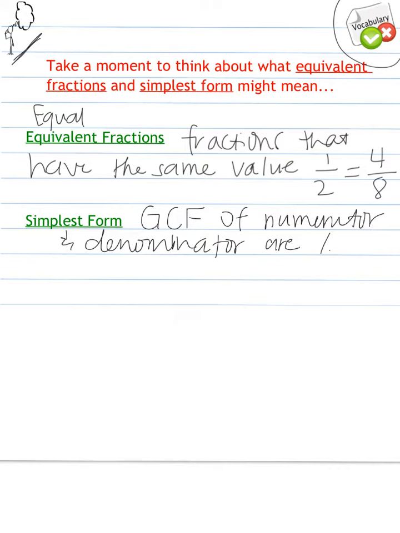So what this means is if we have a fraction, the greatest common factor, so the biggest number that goes into both the numerator and the denominator, is 1.